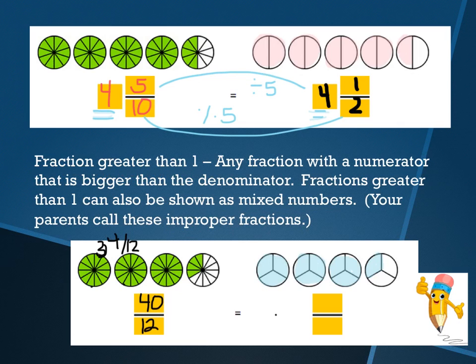The shaded fraction still shows me 3 wholes, but it shows me 1/3. To write that as a fraction greater than 1, the denominator stays thirds, since the whole is represented by 3, but I in fact have 10 slices of thirds for 10/3. This can be found using division, just like our other equivalent fractions. 12 divided by 4 is 3, and 40 divided by 4 is 10.